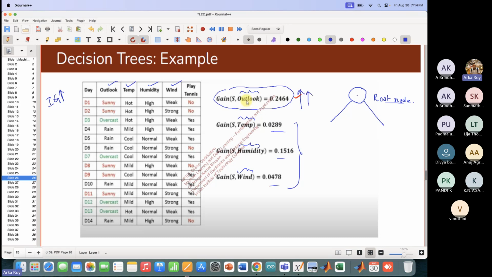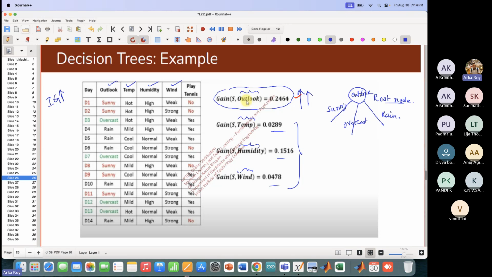So that means I will start with Outlook. Now I got the root node. I have to branch it based on the criteria in Outlook: sunny, then overcast, and then rain.